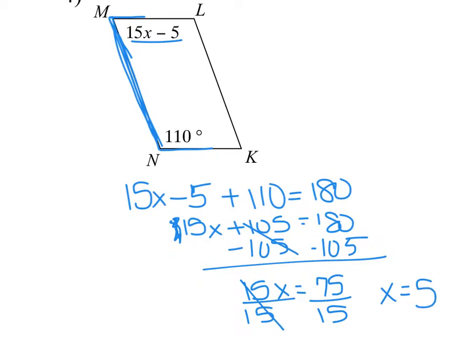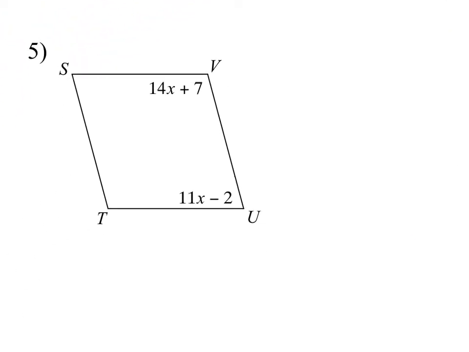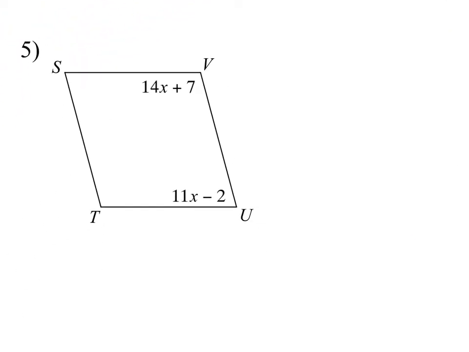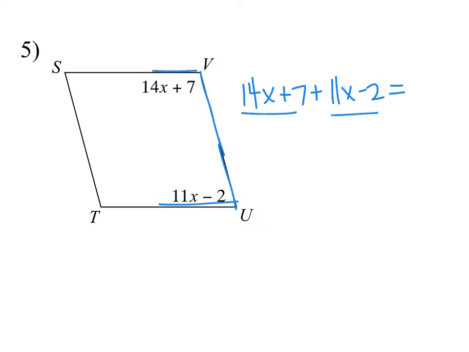Okay, then we continue on. We have just 2 more here for added examples. You can pause it if you want and see if you can do it on your own. These are next to each other, so these share a side. That means you add them up. Each of the angles, put a plus sign in between them, and set them equal to 180.